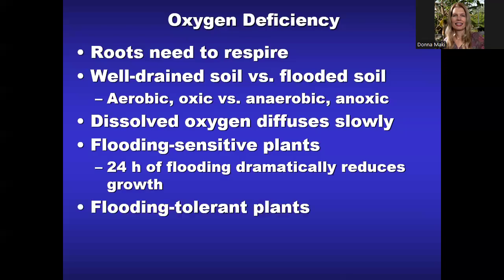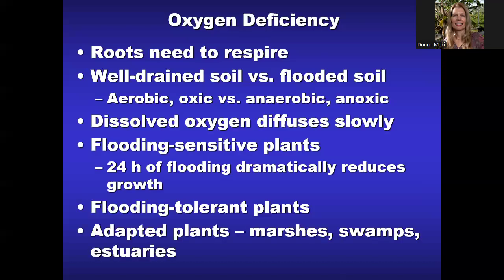If they take plants that are tolerant and experimentally expose them, they have a much greater chance of surviving, and they tend to bounce back and finish a growing season that's pretty close to what it should be.